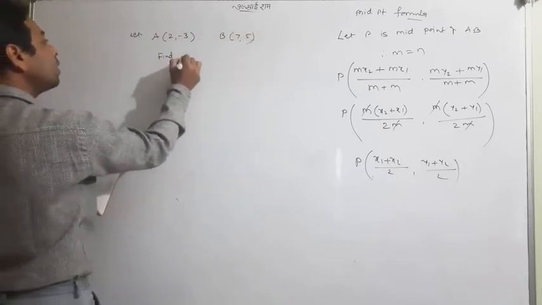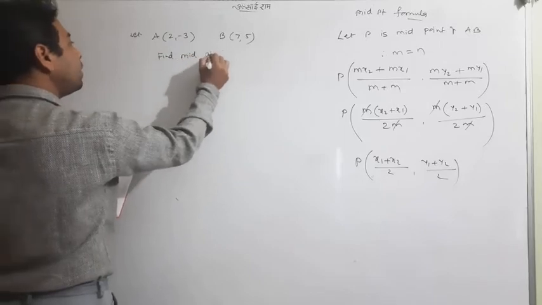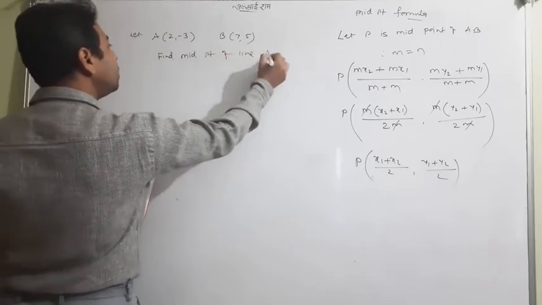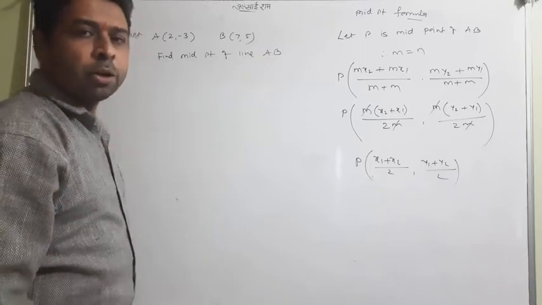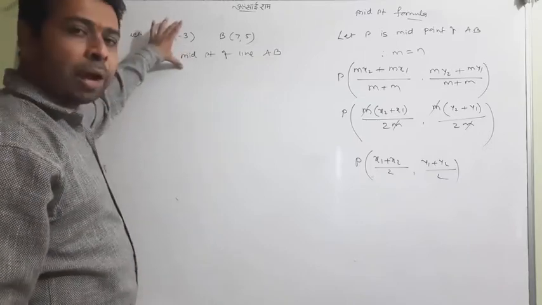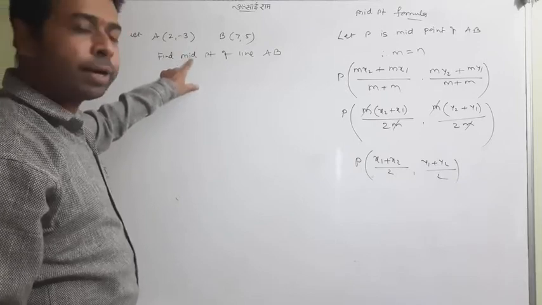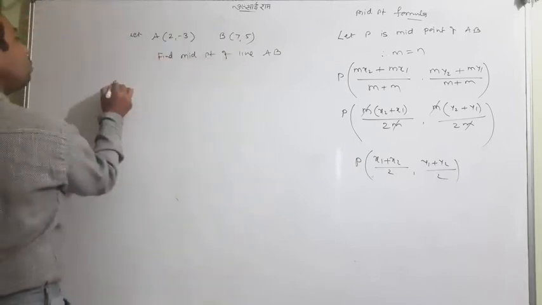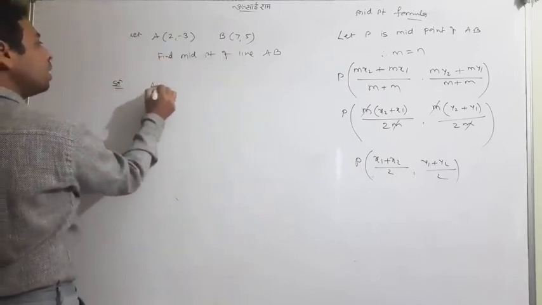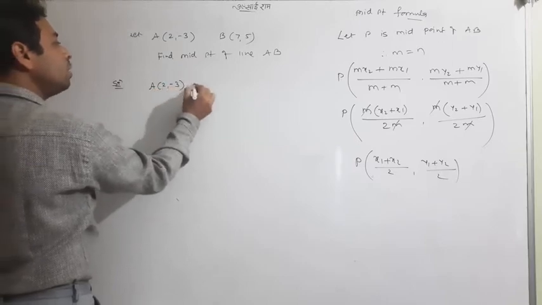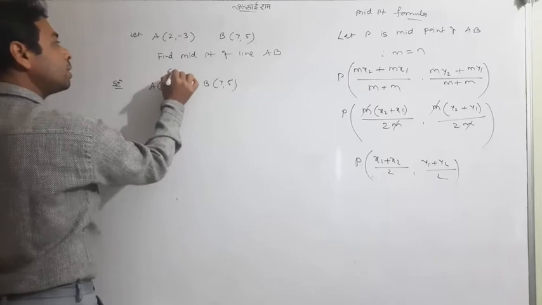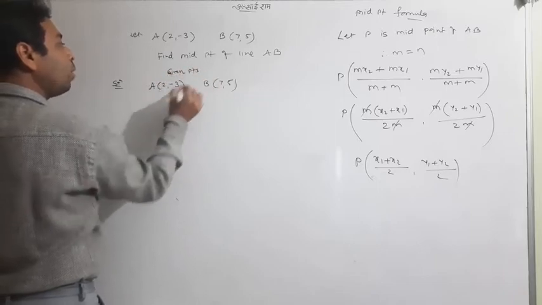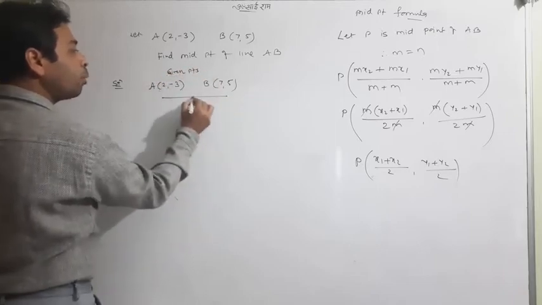Find the midpoint of the line joining AB. It is a very simple question. It is independent of M and N because we are told to find the midpoint. A is (2, -3) and B is (7, 5). These are the given points and you want to find the midpoint now.